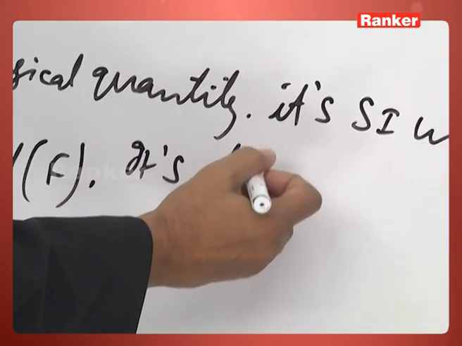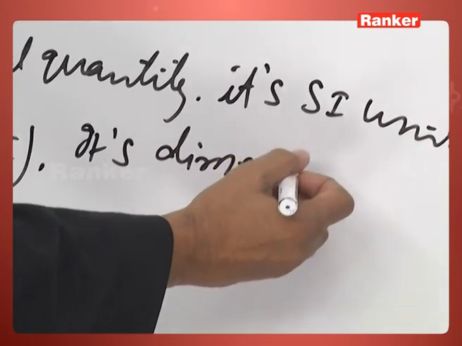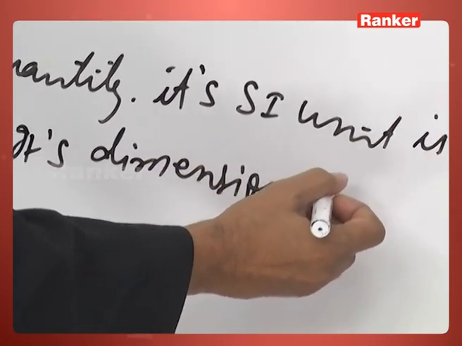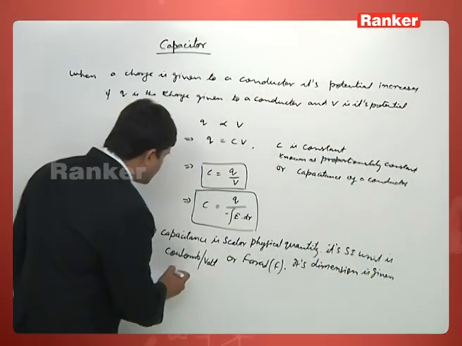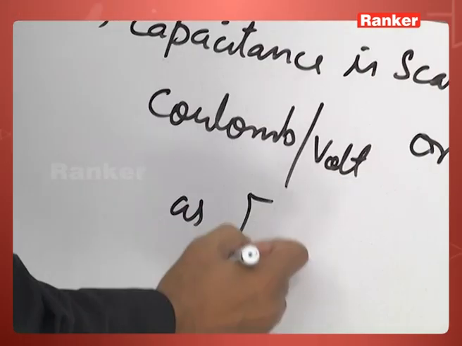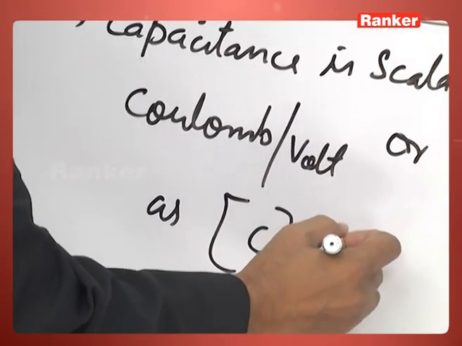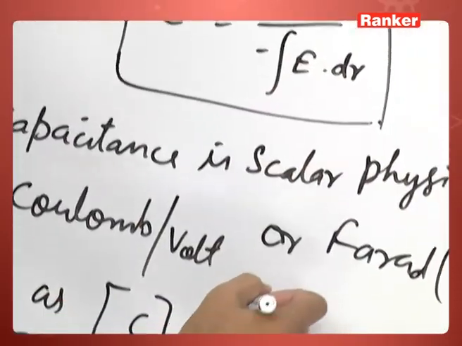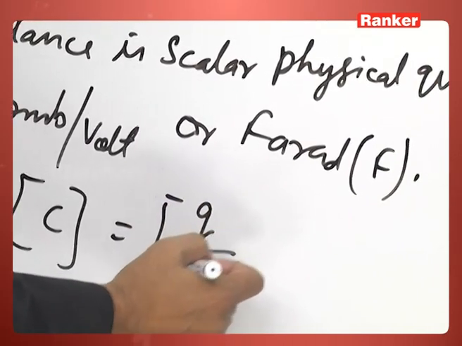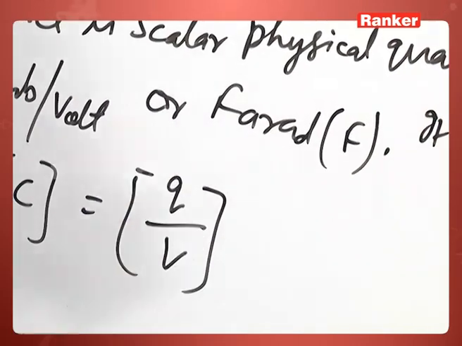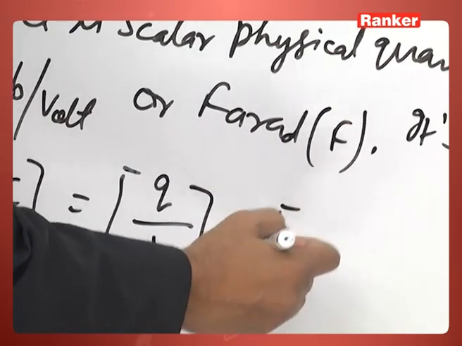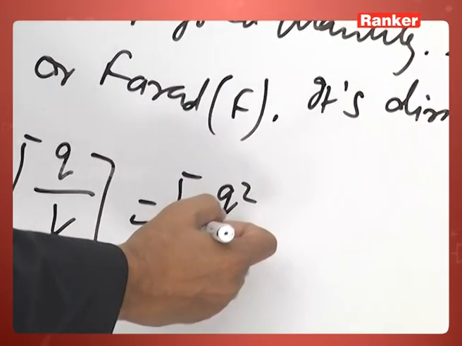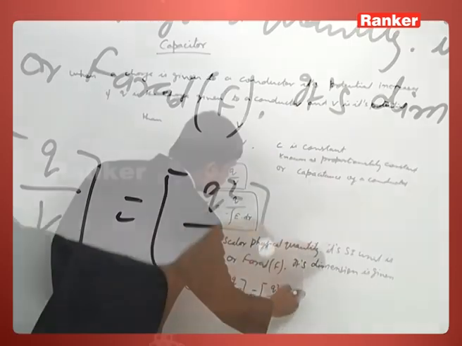Its dimension is given as follows. Dimension of C is dimension of charge by dimension of potential, and dimension of potential is W by Q. So it will be Q square by work done.